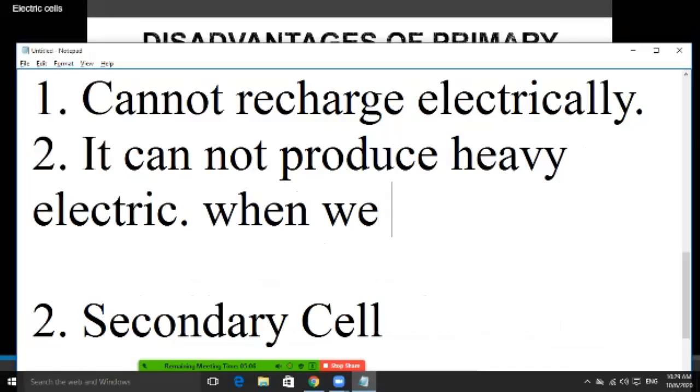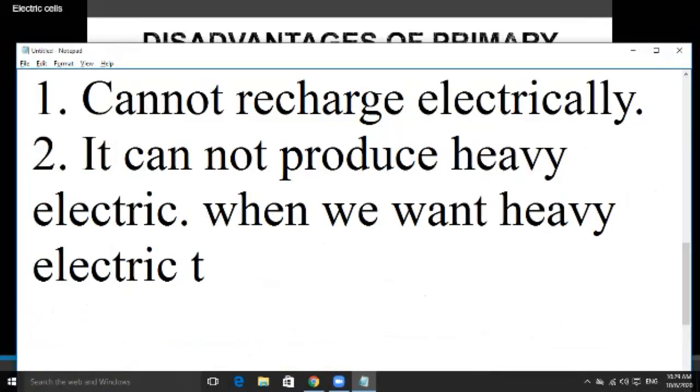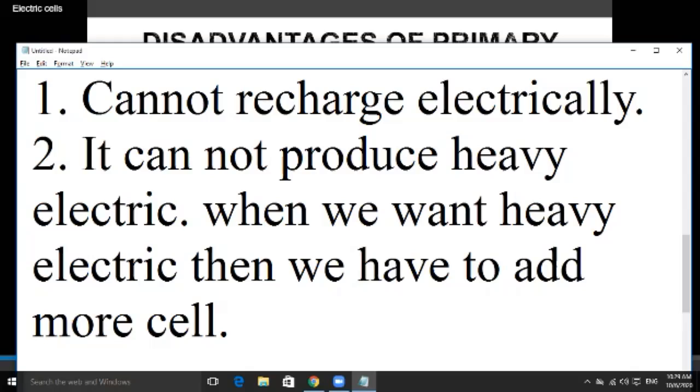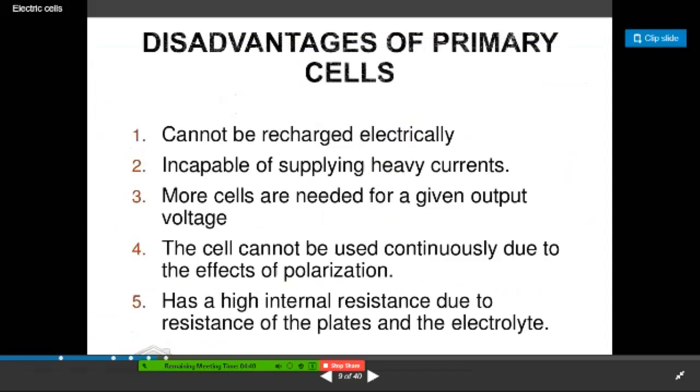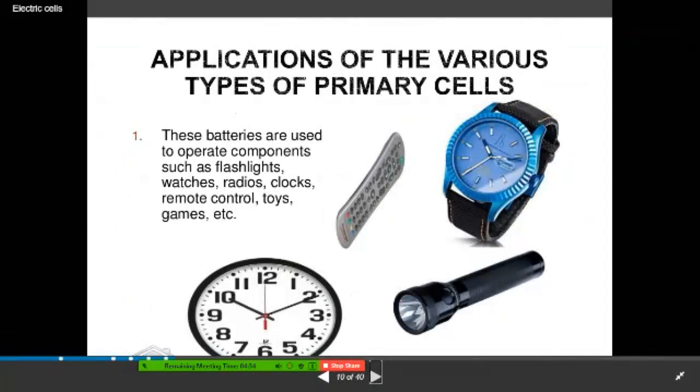When we want heavy electric current, we have to add more cells. Clear? And that is the disadvantage of this.